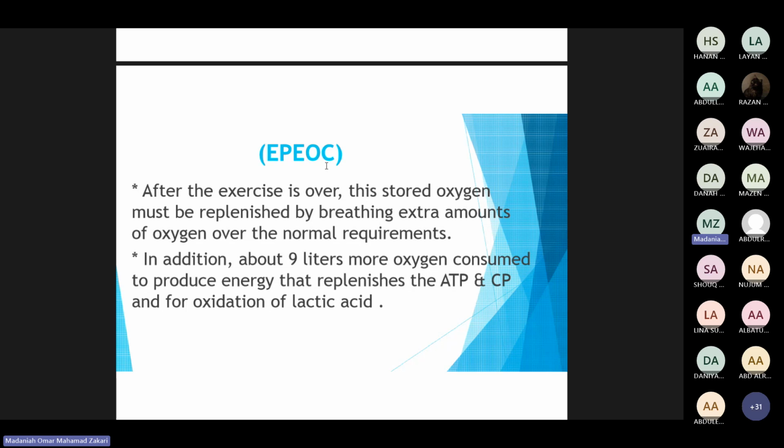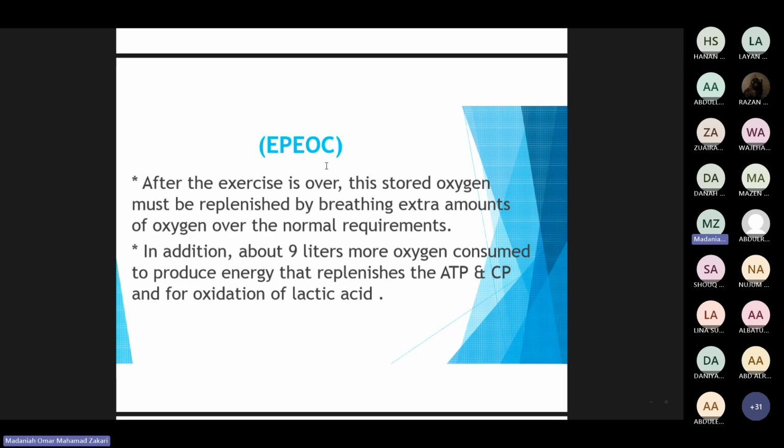In addition, around 9 liters more oxygen is consumed to produce energy that replenishes ATP and creatine phosphate, and for oxidation of lactic acid. So you need it not just for storage, but also to synthesize your energy for the next workout, to be ready.